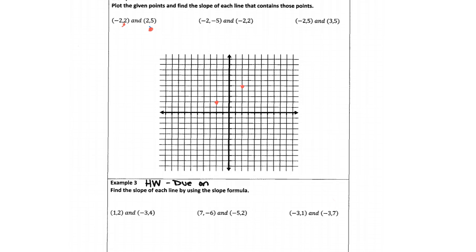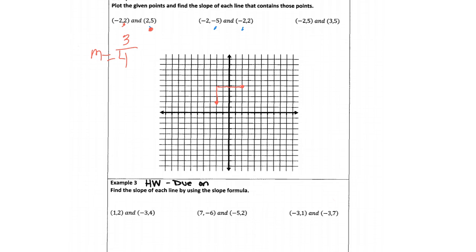My rise is up 1, 2, 3. So my rise is 3. And I'm going to the left, so it's a positive 1, 2, 3, 4. Sorry, my slope is a positive 3/4.